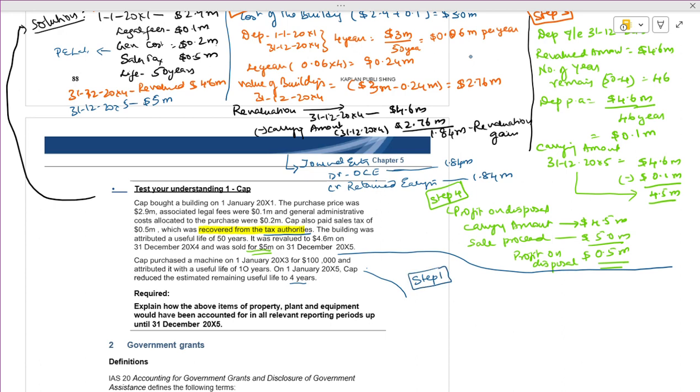Step 1: depreciation from 1/1/2003 to 31/12/2004, 2 years, because on 1st January 2005 they have reduced the life of the asset. How much is the cost? Cost is 100,000 divided by 10. It comes to how much?